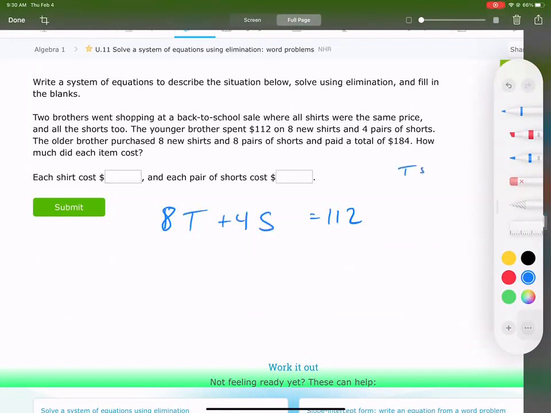So T is shirts, and S is shorts. The older brother purchased 8 new shirts also, and 8 shorts. And this turns out to be $184.